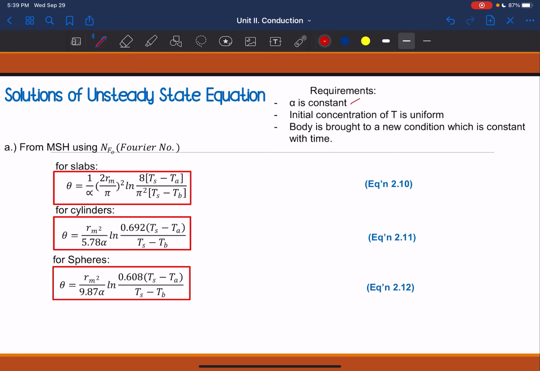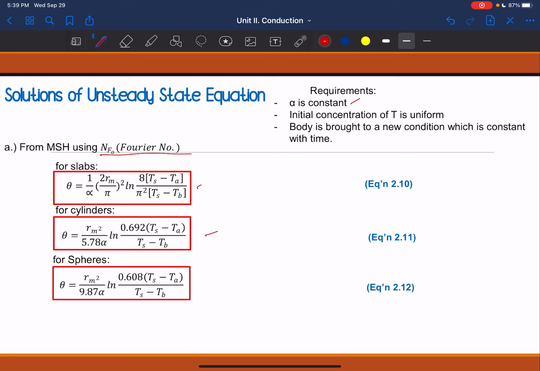So we'll be using your McCabe, Smith, and Harriot using your Fourier number. You are given the equation for slab, your theta, or the time, for that would be 1 over alpha 2 Rm over pi squared ln 8 Ts minus Ta pi squared Ts minus Tb. Can you please check this in your McCabe, Smith, and Harriot?